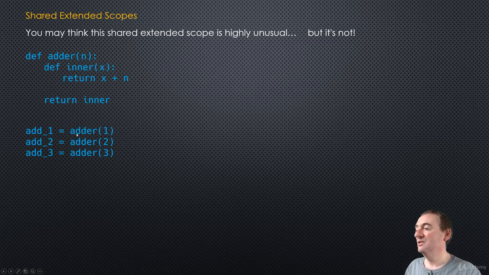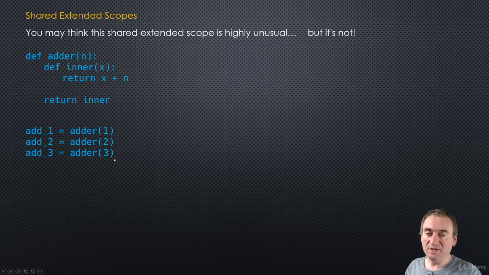Okay? So now I can call adder with a value of 1. So this is going to give me a closure, which is going to be this inner function, with n pointing to some cell that currently points to the value 1. I can call adder again. It's going to return another function, inner, right? But this time it's going to point to another cell that is itself going to point to some object that contains the integer 2.